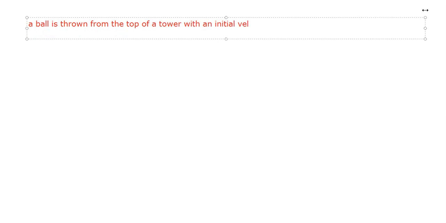The question says that a ball is thrown from the top of a tower with an initial velocity of 10 meter per second at an angle of 30 degree above the horizontal.